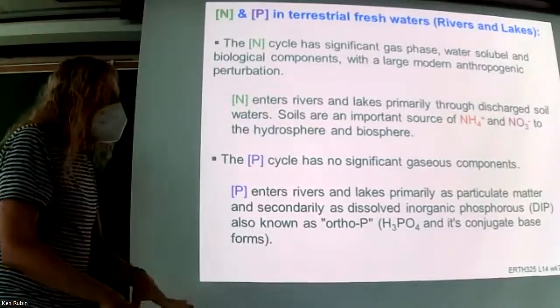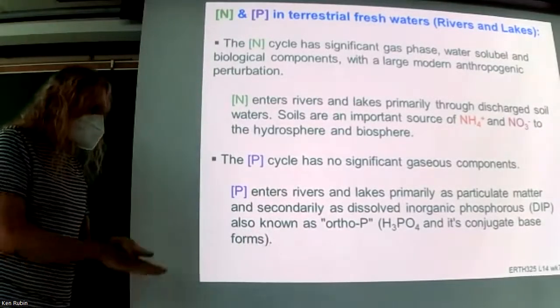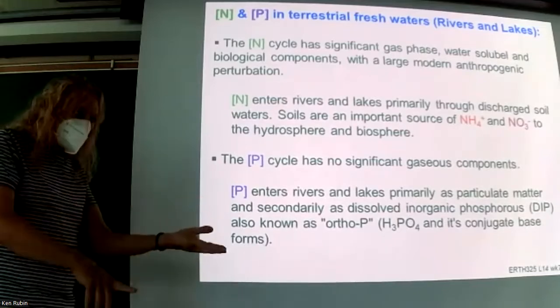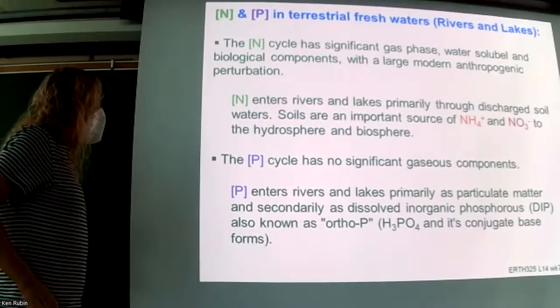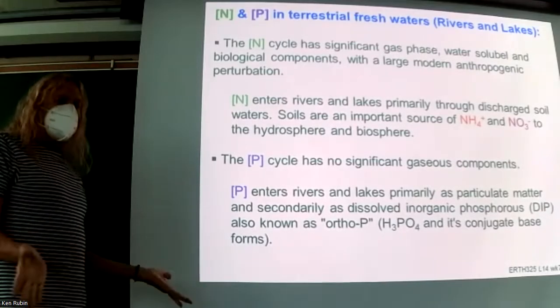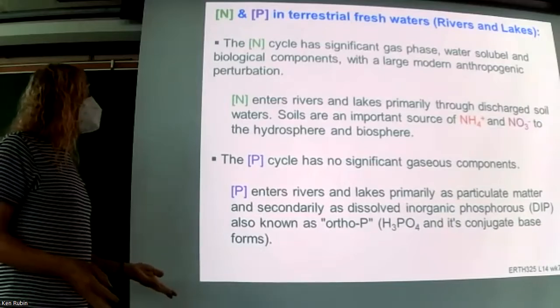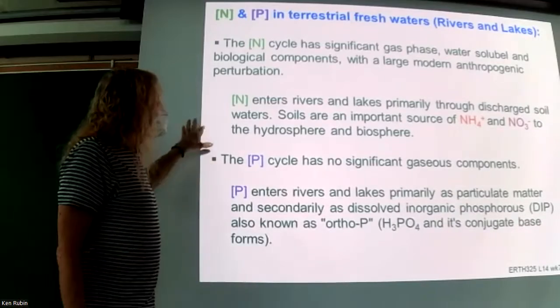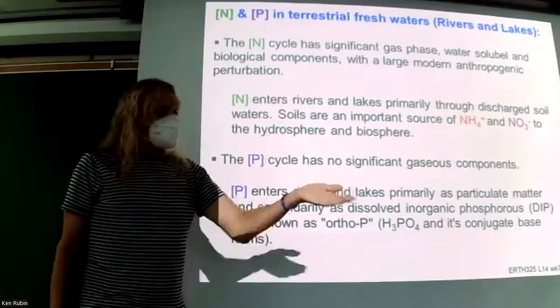So once we get into the water in the hydrologic cycle at the surface of the earth, where we have rivers and we have lakes, we look at where the nitrogen and phosphorus there comes from. It's primarily discharged from soil.